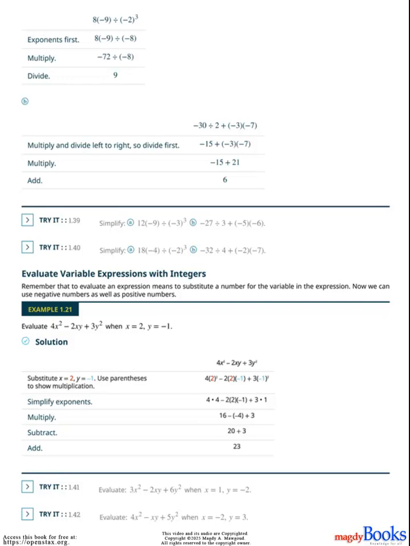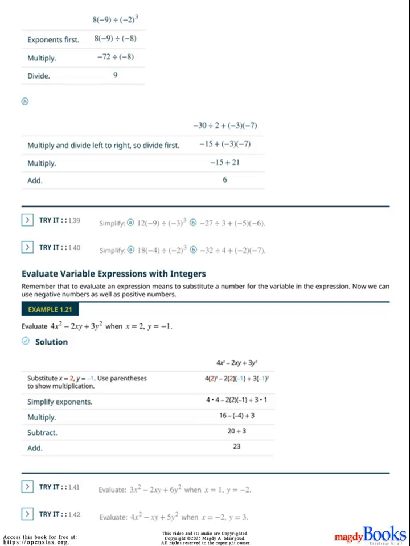Simplify. A. 18 times (-4) divided by (-2)^3. B. -32 divided by 4 plus (-2) multiplied by (-7).